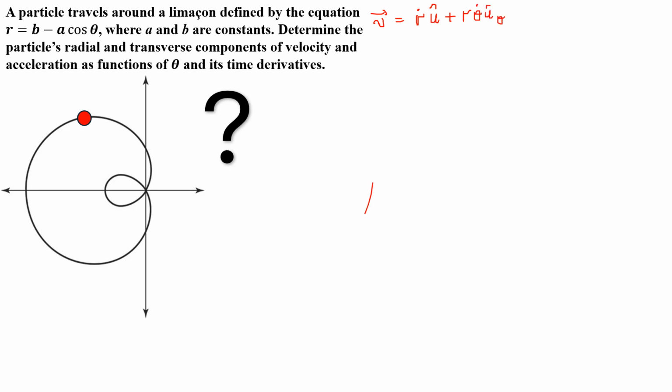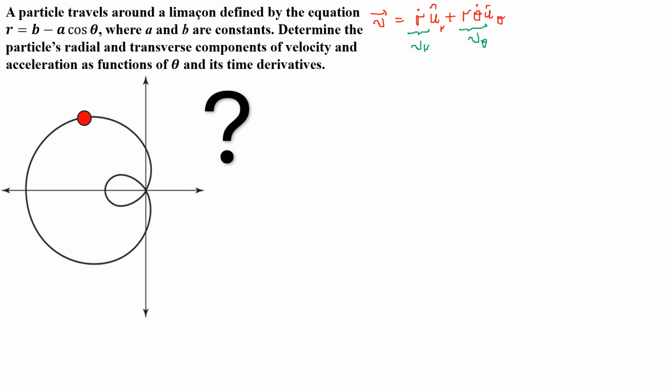Okay, and now this here r dot is the radial velocity, so this is just vr. Okay, and this one here r theta dot is the v theta, the transverse velocity. I know these are the unit vectors, u hat r here, and u hat theta.